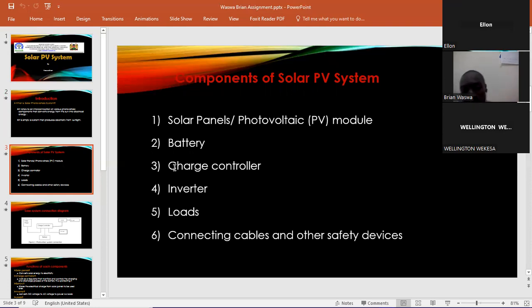The fourth component is the inverter. And the fifth one is the loads, which comprises both AC and DC loads. And the final components are the accessories, or we talk of the connected cables and other safety devices that help to interconnect all these other components in our system.